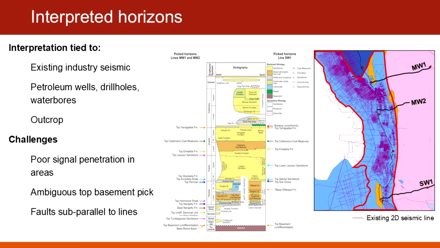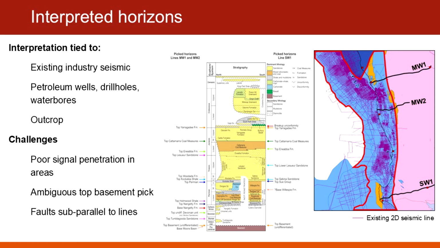It's also a bit of a curse because your interpretation has to tie in with all of that seismic as well. But at least we have a lot of constraints. There are still a lot of challenges, which is normal for seismic interpretation projects. There's some poor signal penetration in some areas, and we can see that in some of the lines.